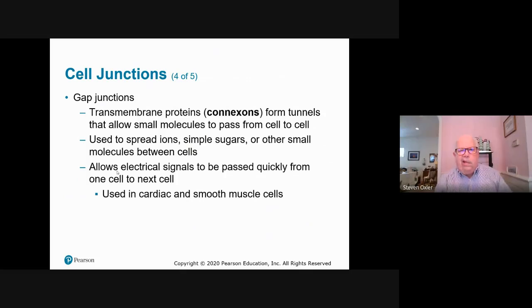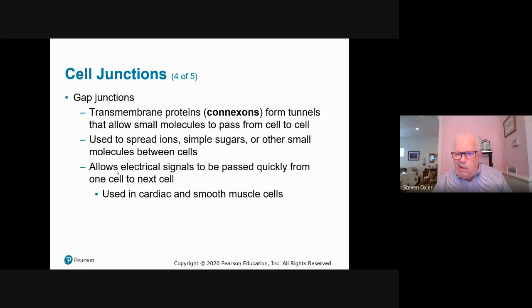And the last one is gap junctions. Gap junctions are proteins that form tunnels to allow molecules to pass from cell to cell. Basically, it's the allowance of electrical signals to be passed.